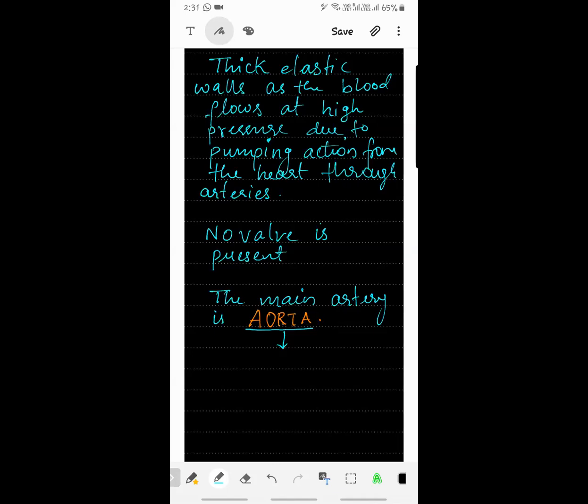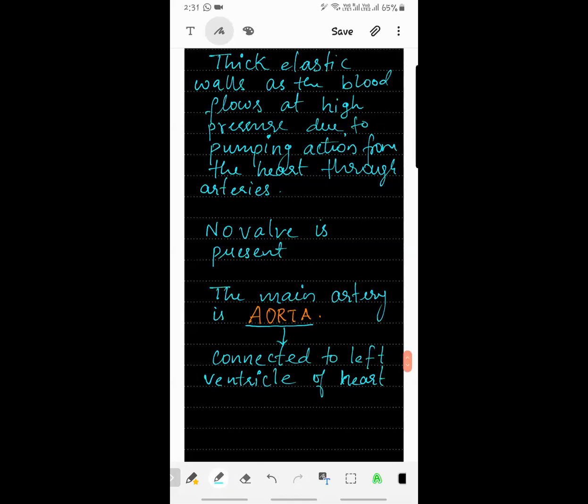This aorta is connected to the left ventricle of the heart.